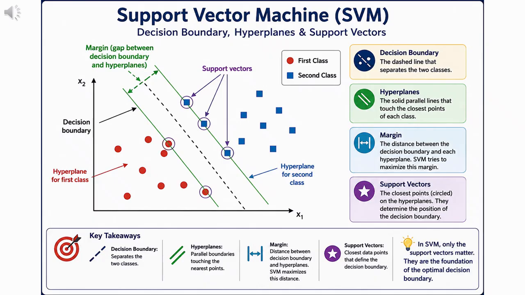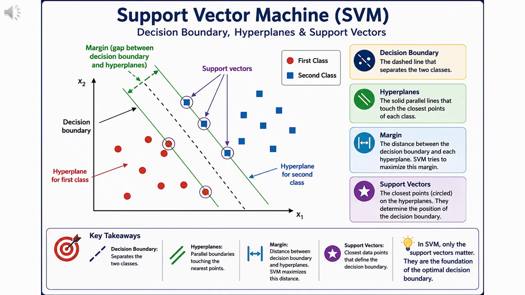SVM tries to maximize this margin because a larger margin usually leads to better generalization and more accurate predictions on unseen data. Notice the circled data points touching the hyperplanes. These are the support vectors. They are the most critical data points because they determine the exact position of the decision boundary. If these points move, the decision boundary also changes.